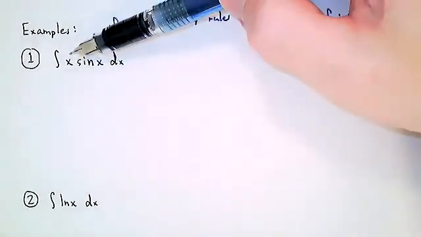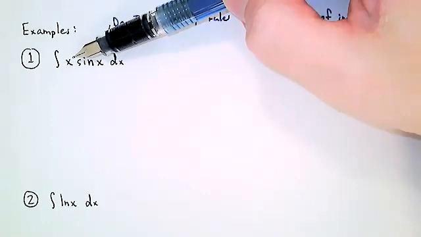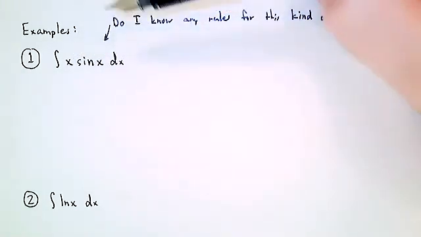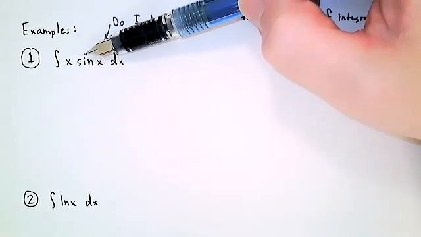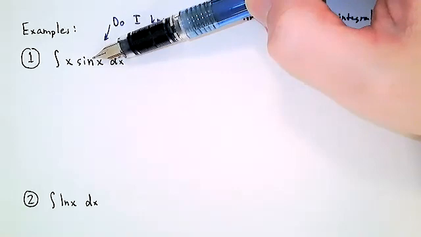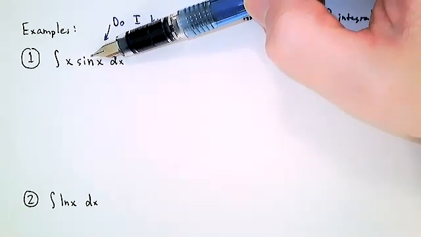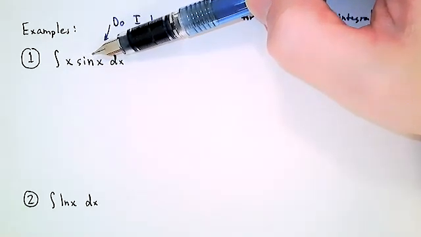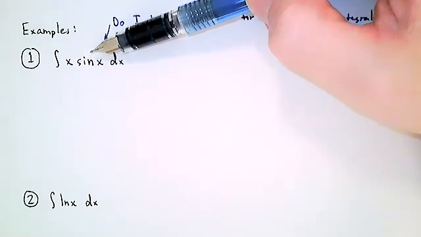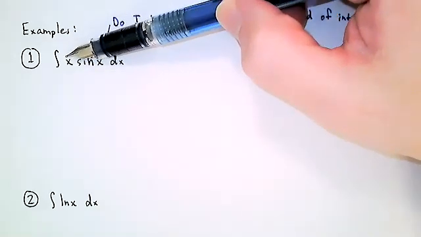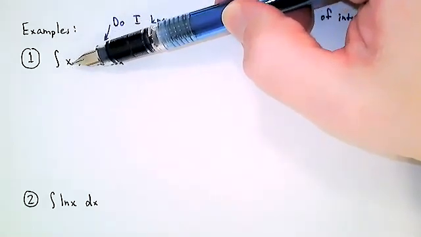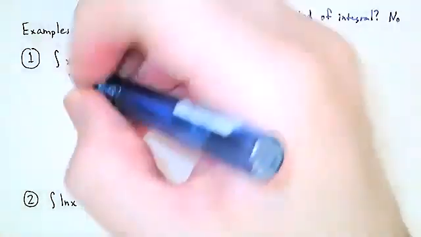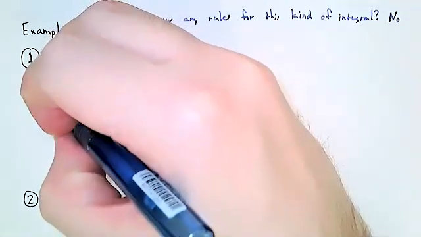Well, let's think about it. The derivative of x is the number 1, or the constant function 1. The derivative of sine x is cosine. So if we want to simplify things for ourselves, it would be easier if we took the derivative of x, because we just get the number 1, and that's easy to deal with.